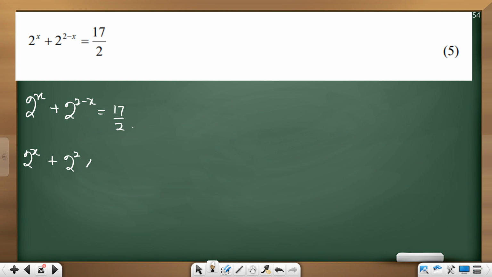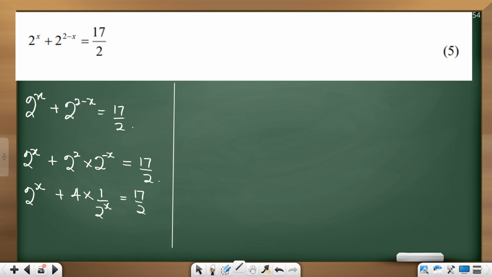Once you know how to split these things, this is 4 times 1 over 2 to the power x. Once you know how to split and rewrite these things, maths becomes fun. 2 to the power negative x becomes 1 over 2 to the power x.